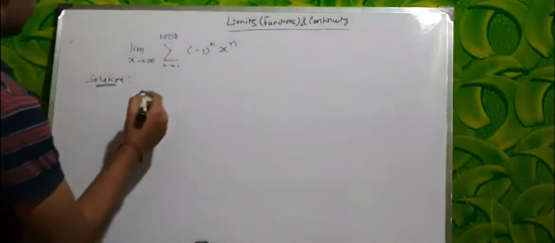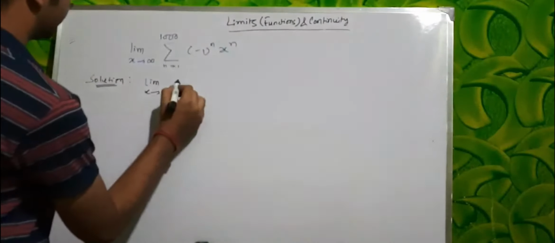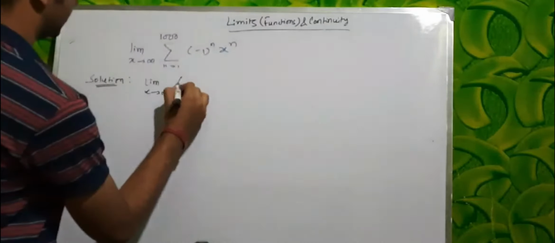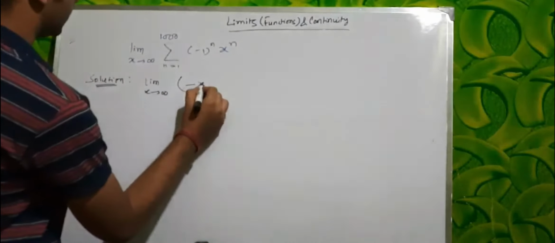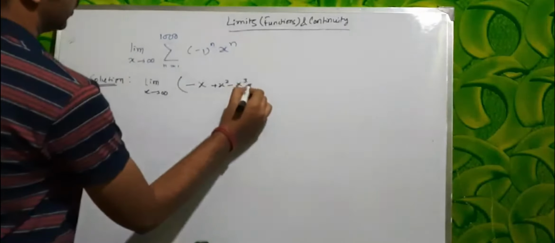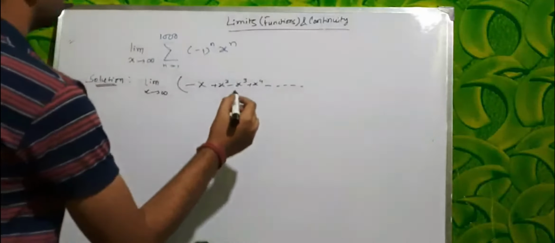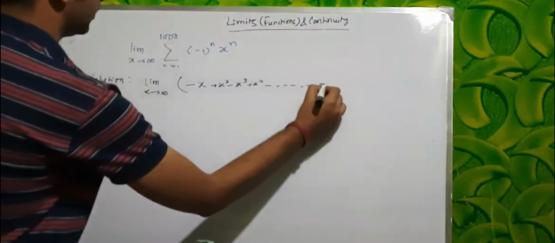Okay, so what we've got here is simply minus x plus x squared minus x cubed plus x to the power 4 and so on, up to x power 1000.